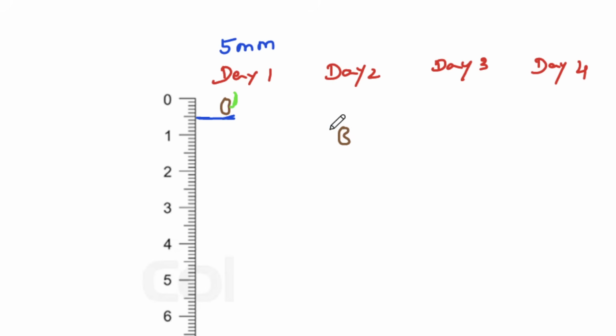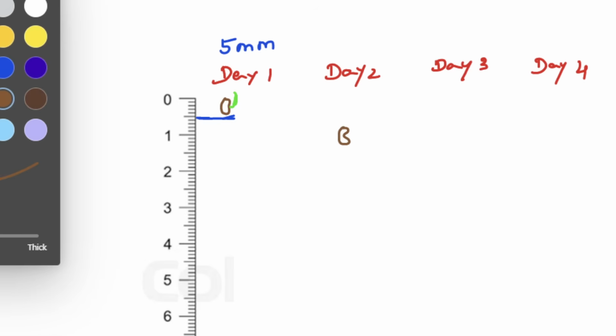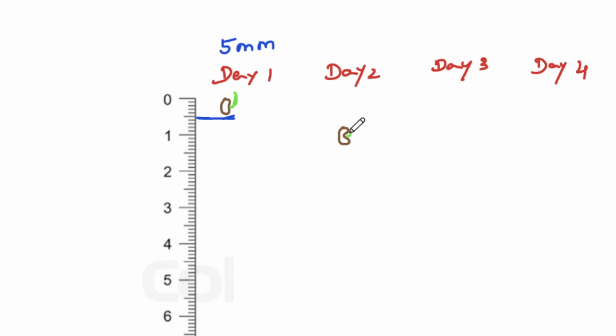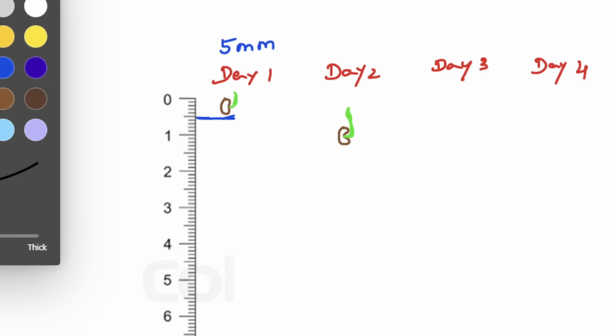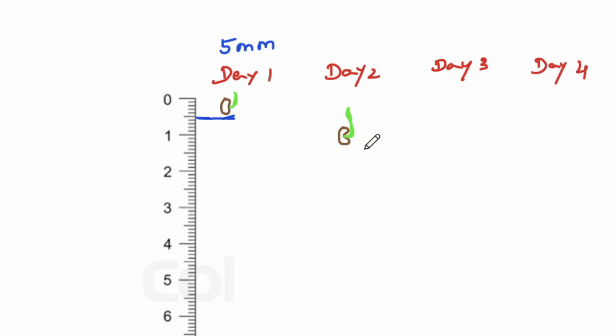So it is growing a little more, a little bigger one. Okay, and now I'm going to mark it again. So it is here. If we use a scale, we can make it easily. Yeah, almost 1 centimeter. So it is 1 centimeter and 5 millimeter.